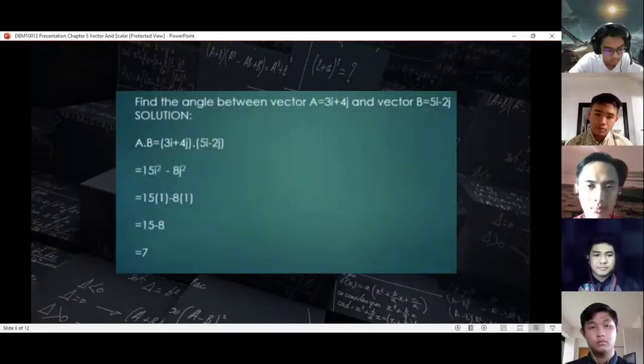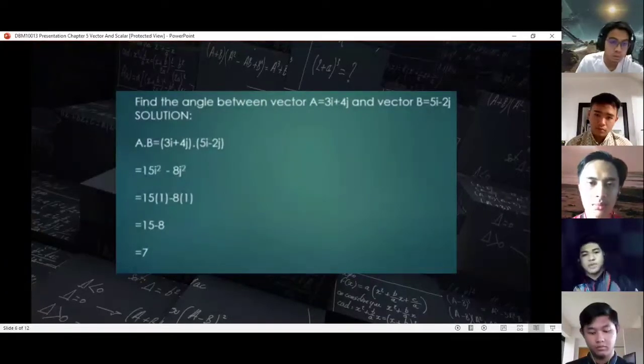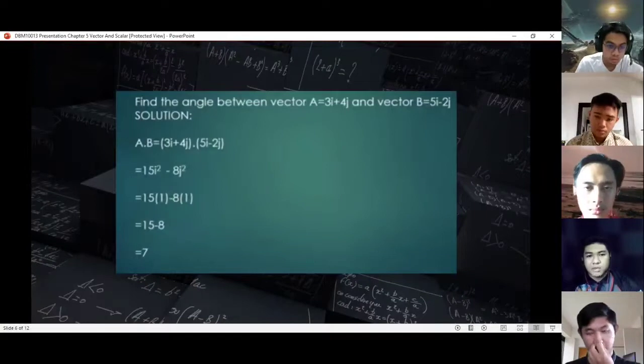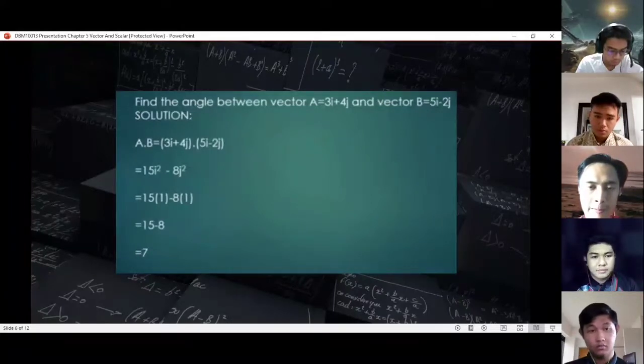The solution is to find the angle between vector A equal 3i plus 4j and vector B equal 5i minus 2j. So A dot B equals open bracket 3i plus 4j close bracket dot open bracket 5i minus 2j close bracket.